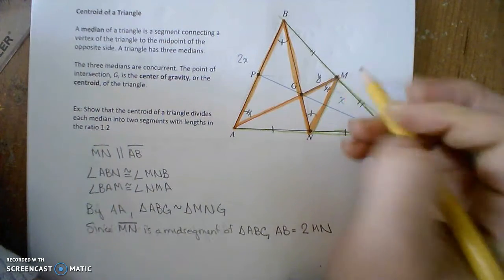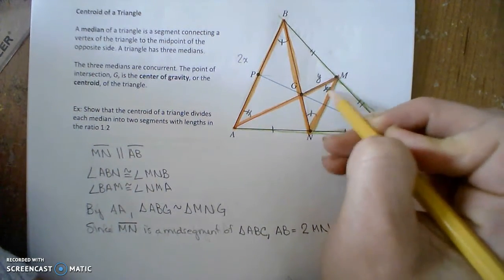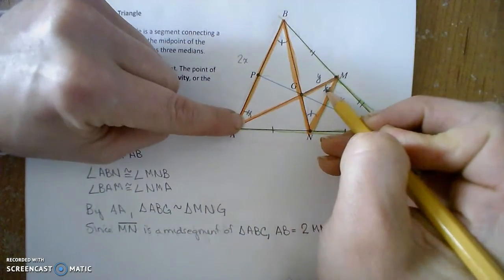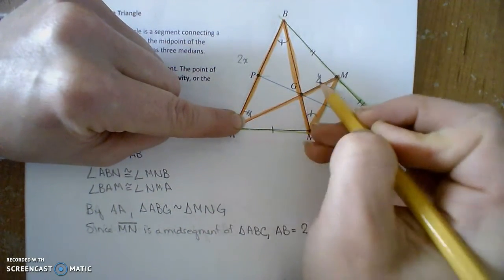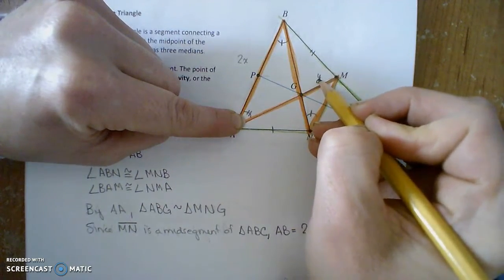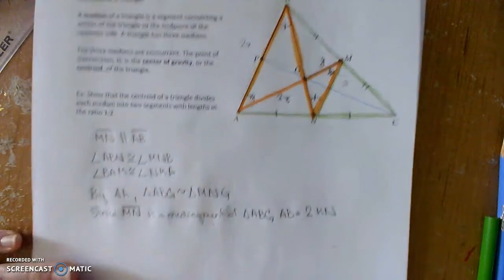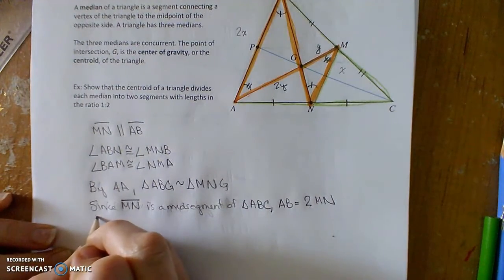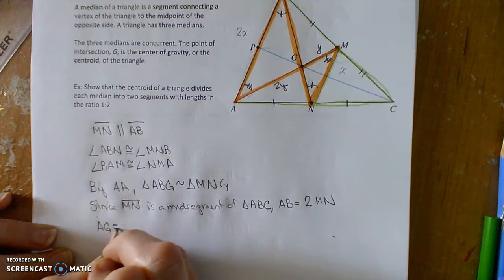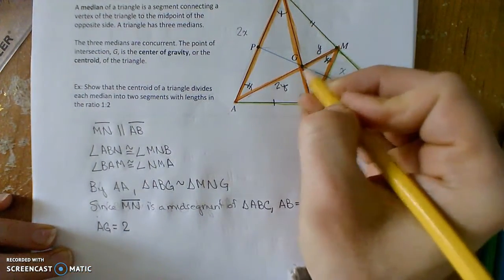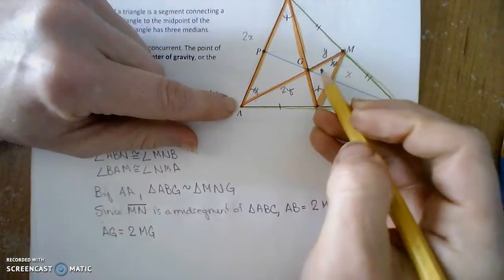It's between the angle that is congruent to M, so that would be A, and the point G. So it's this side. If this side length is Y, then this side length is twice Y. So this tells us that side length AG is exactly twice the side length MG. And this is exactly what we were looking for.